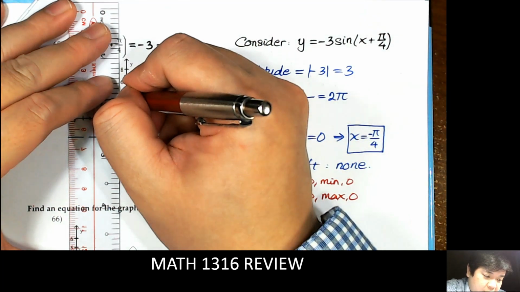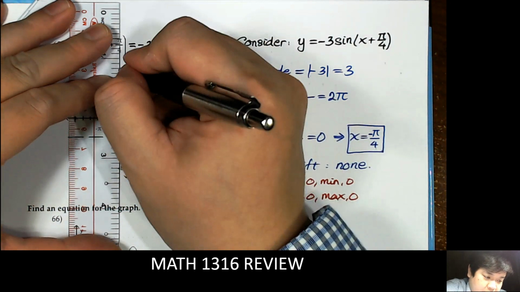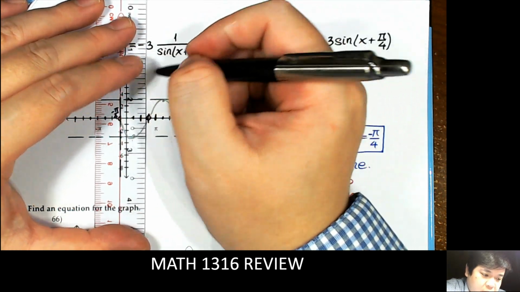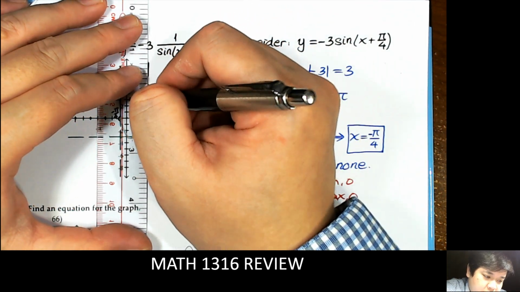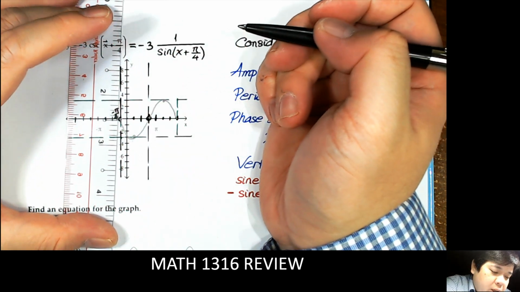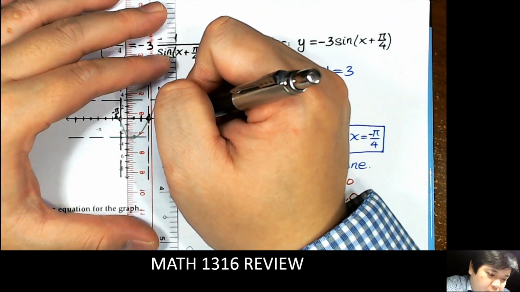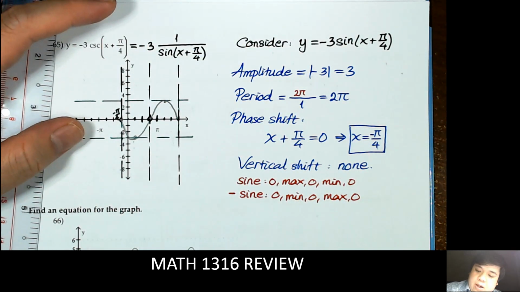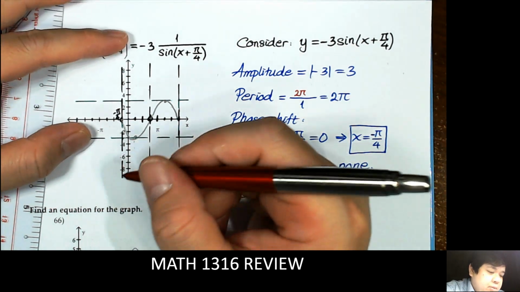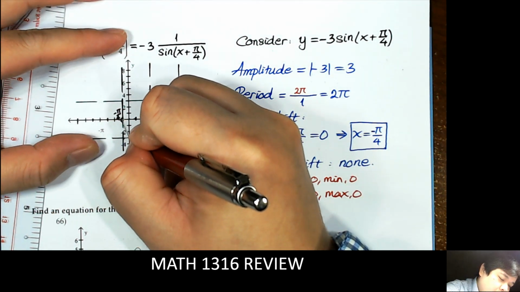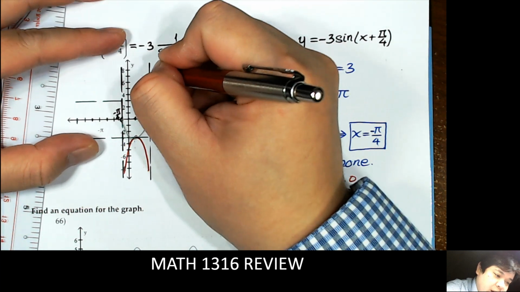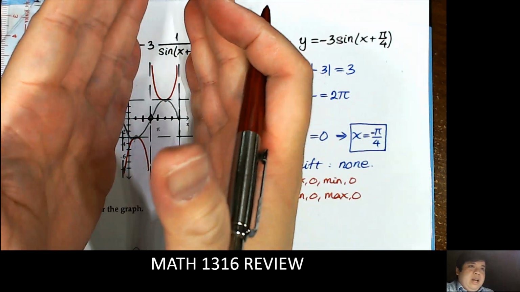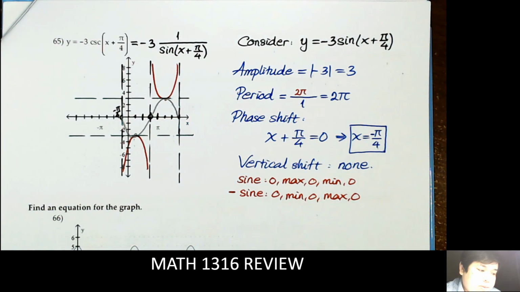Whenever the sine is equal to 0, that's where we have the vertical asymptotes, where the reciprocal equals 0. So those are the asymptotes. And then the cosecant is bouncing off the maximum and the minimum, but has to be between the asymptotes. So that's what we have.